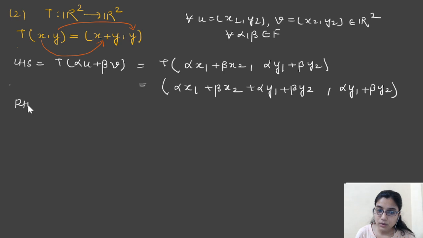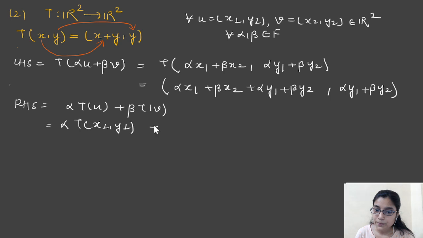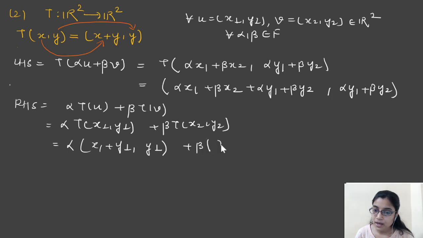Now we will find out the RHS part, that is alpha times t of u plus beta times t of v, which equals alpha times t of x1 comma y1 plus beta times t of x2 comma y2. Now this x1 y1 is being mapped to x1 plus y1 comma y1, and this is being mapped to x2 plus y2 comma y2.